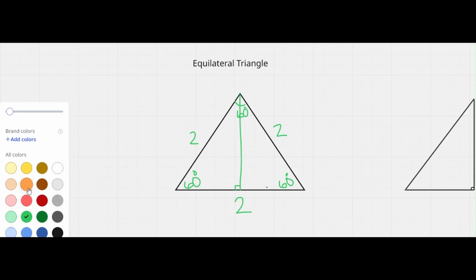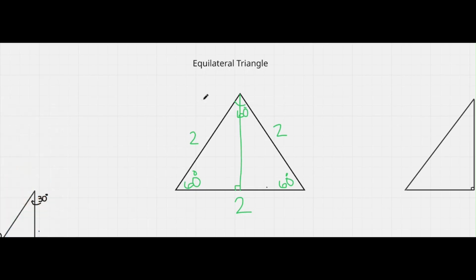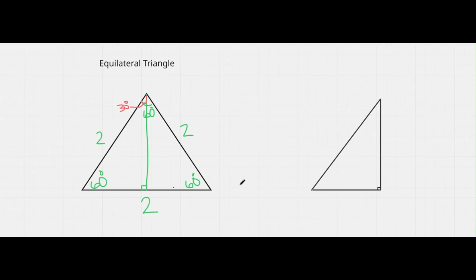And now that we have cut this angle at the top in two, this angle is now 30 degrees. So now we have a 30-degree angle, a 60-degree angle, and a 90-degree angle. So now we have a 30, 60, 90 triangle.